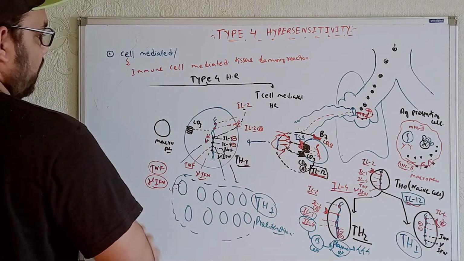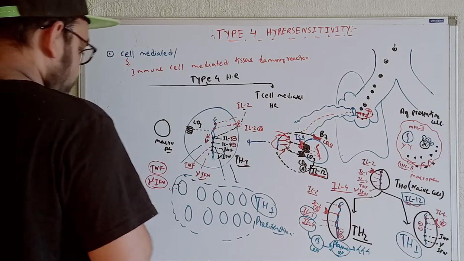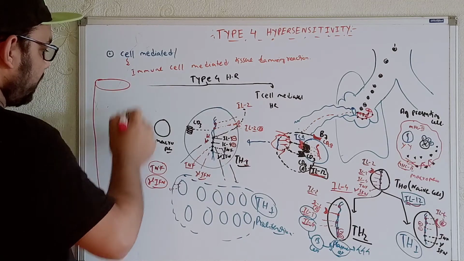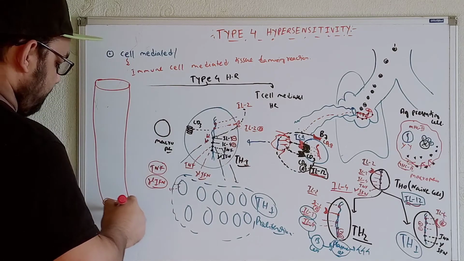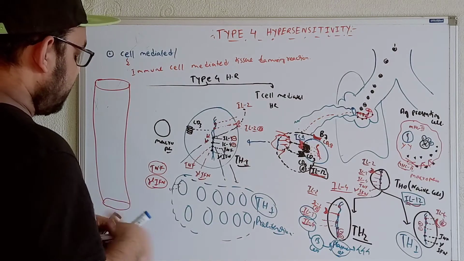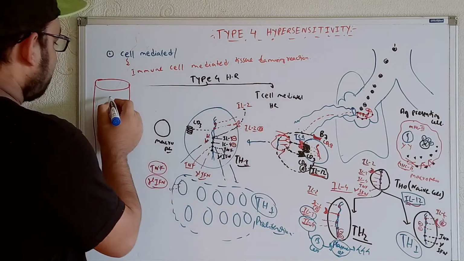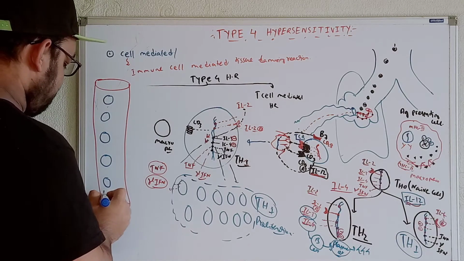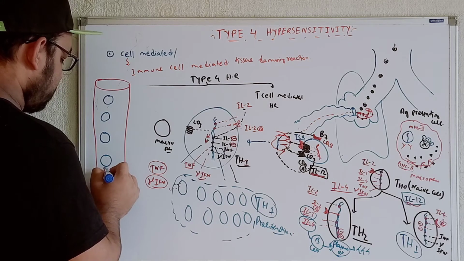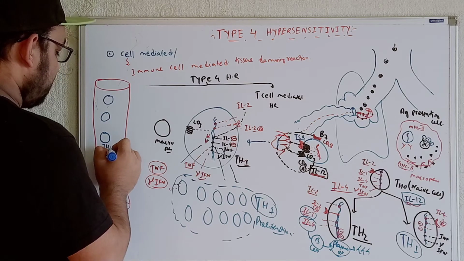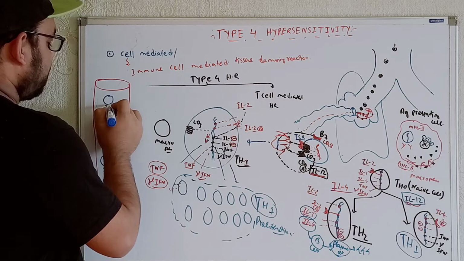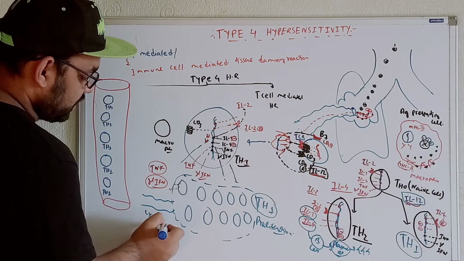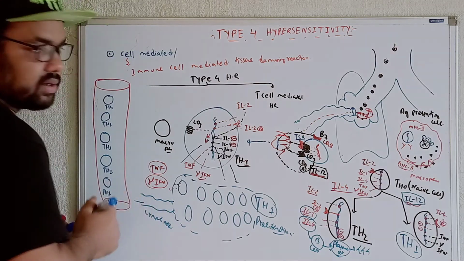If we see clearly, we will get the abundance of the Th1 within the circulation. At first it will go through the lymph nodes, and from the lymph node it will reach the general circulation.